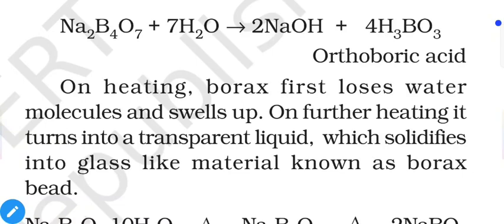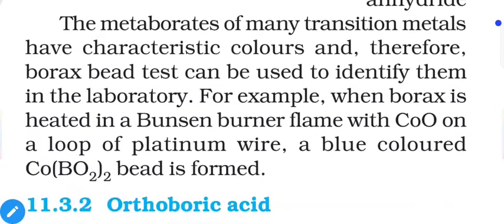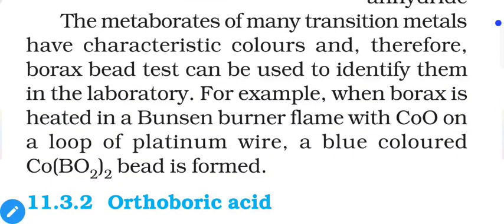So to find a certain positive ion, we can use this borax bead test. The reaction is mentioned in this equation. Now metaborates of many transition metals, that means d-block elements, have characteristic colors, and therefore the borax bead test can be used to identify them in the laboratory.